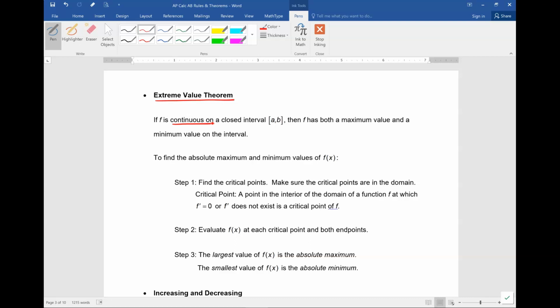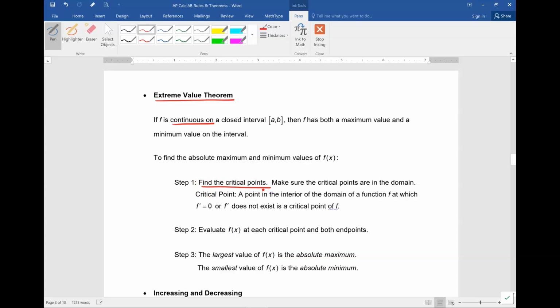If f is continuous on [a, b], then there has to be an absolute minimum and an absolute maximum on that closed interval. So that's it. All you need is a closed interval and a continuous function. That's all you need to know that there has to be an absolute min and an absolute max.